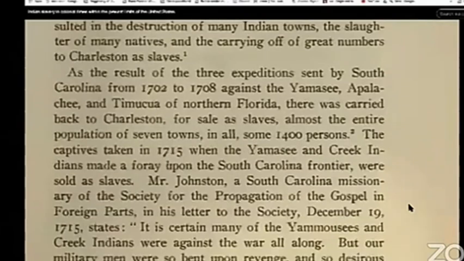The captives taken in 1715, when the Yamasee and Creek Indians made a foray upon the South Carolina frontier, were sold as slaves. Alright?